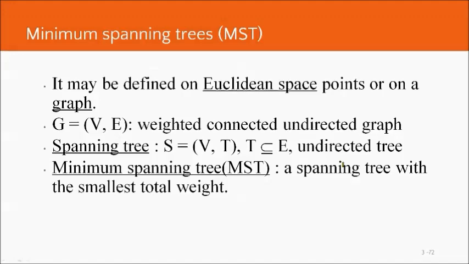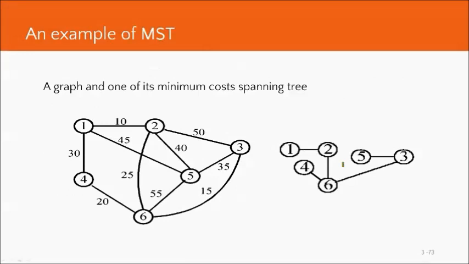Okay. So we're going to look for the smallest total weight. So this is an example of a minimum spanning tree, or minimum cost spanning tree. So we have a graph here, okay? Now again, we're looking for the minimum cost. So this one is an undirected graph as you can see on the screen.